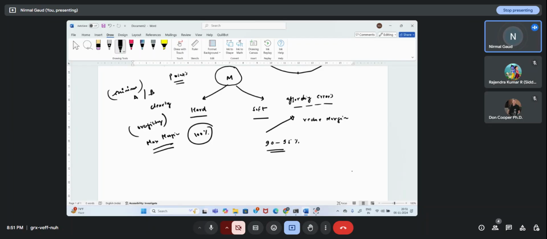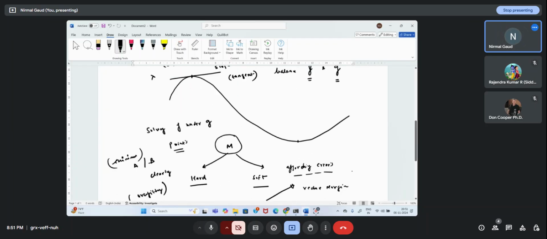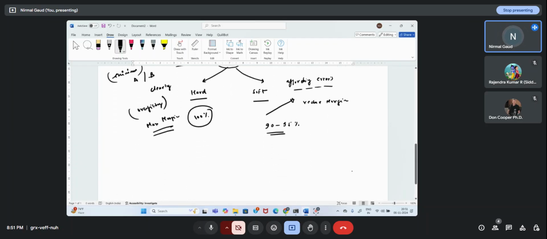Whatever has been explained here, in KKT and in the Lagrange multiplier, is all related to this concept only: hard margin and soft margin. We are optimizing the objective function, that is W, in regard to this only, because 2 by norm W is the margin.